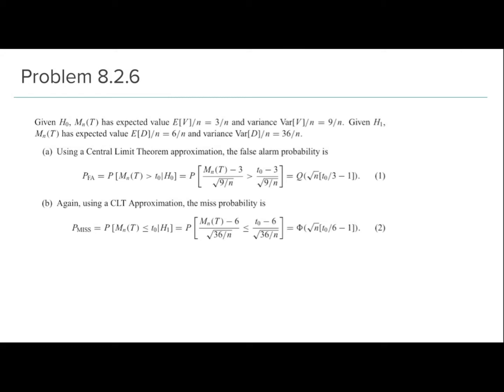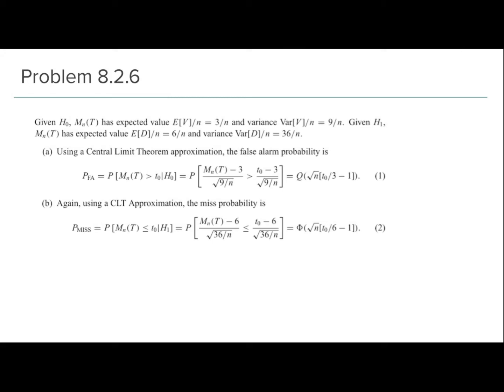Given H naught, the mean will be 3 and the variance will be 9 over n, not 6 over n, and thus the standard deviation will be root of 9 over n. So this will be equal to the probability that Mn of t minus 3 divided by root of 9 over n is greater than t naught minus 3 divided by root of 9 over n, right?